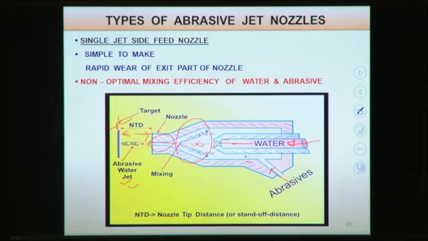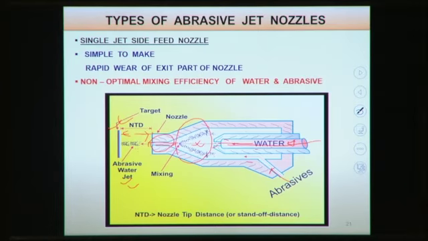In this case you can see the abrasive particles are coming from the outside periphery of this nozzle, and the water jet is coming through the inner periphery. As these abrasive particles come through the outer periphery while passing through this nozzle, they will wear out the inner surface of the nozzle.